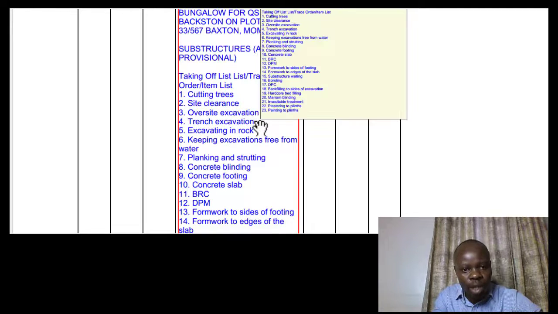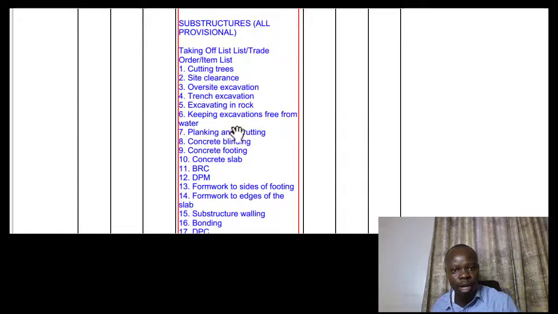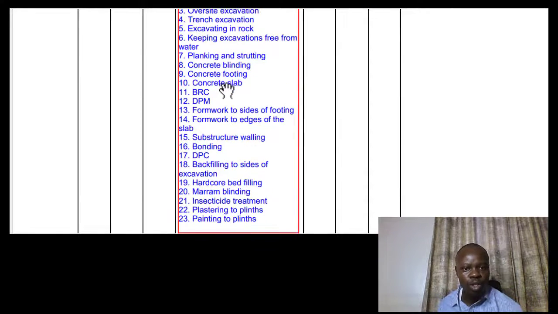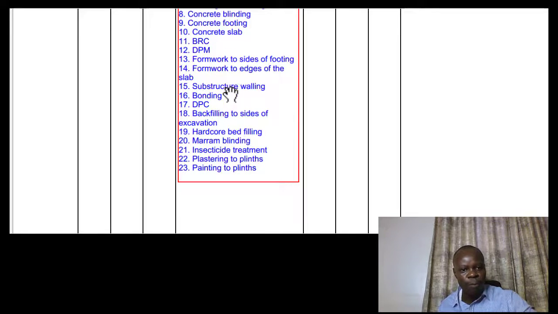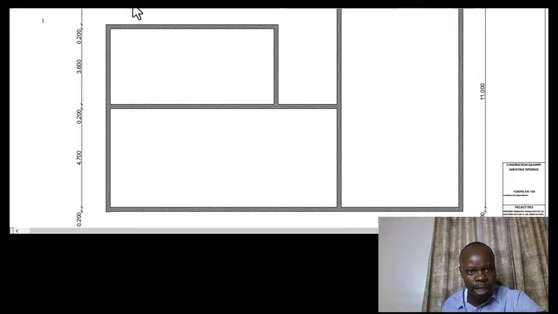So straight on, we start with what we've stated, that is cutting trees. Of course, we are using the traditional estimation method, so we'll go through it from the plan. We've checked the plan; it's not indicated, so it means the instruction is somewhere.